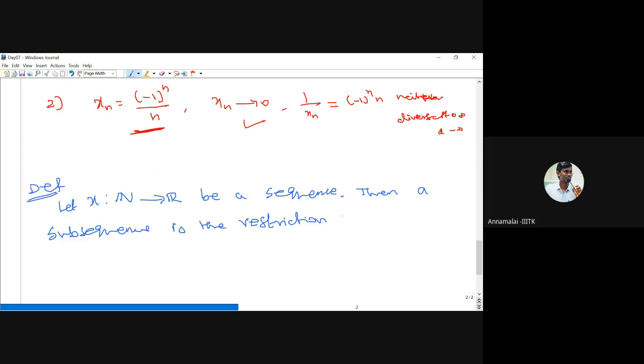the restriction of x to an infinite subset. That A should be an infinite subset.